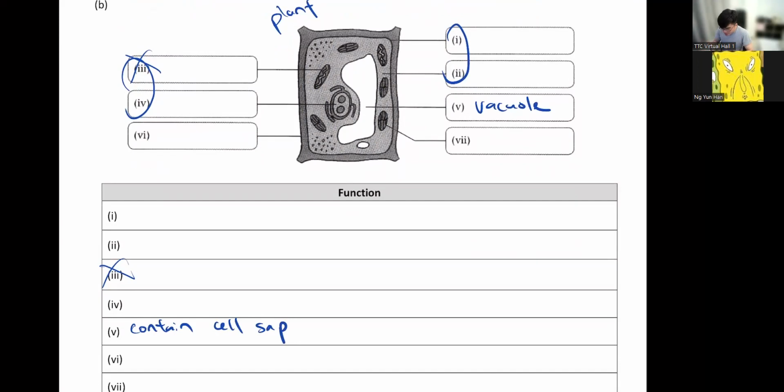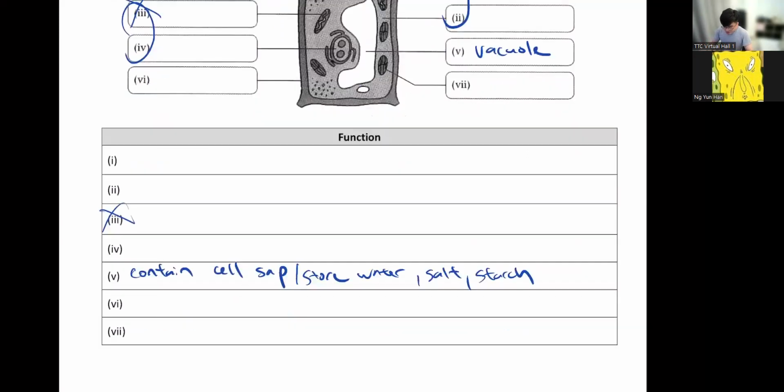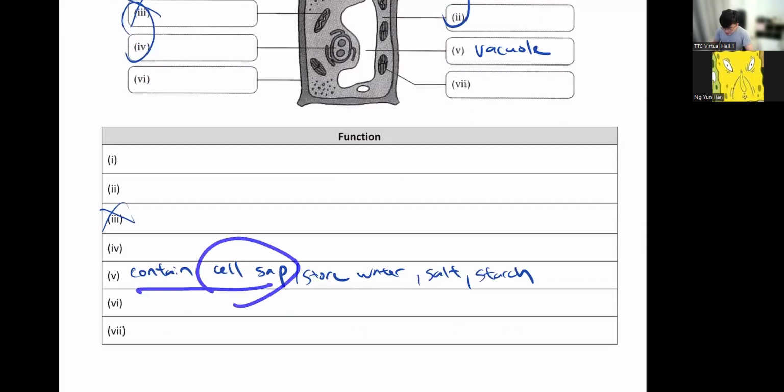Or if you don't want to write this, you can say this is to store water, salt, starch. Basically, this is the storeroom of a cell, right? They need to store anything, they will store it here. So this is your vacuole, the storeroom of the cell, right? You want to keep it short, you can just write the cell sap here.